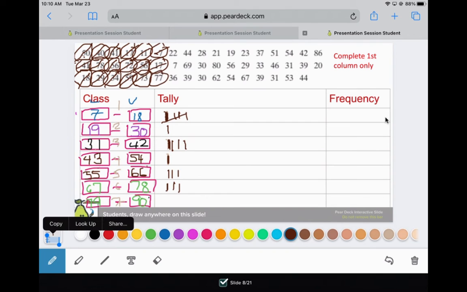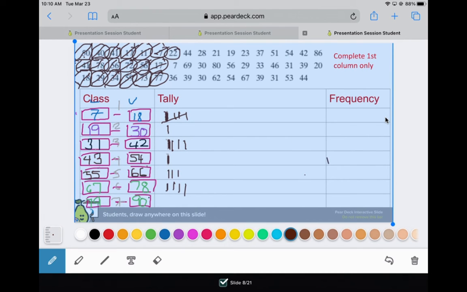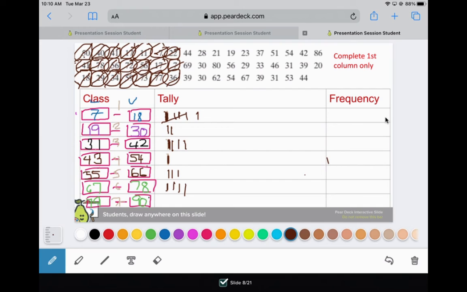17, and then we'll do 77, class 6, 22. 22 is class 2, 7 class 1, 36. If you need me to re-explain something, just put it in the chat.